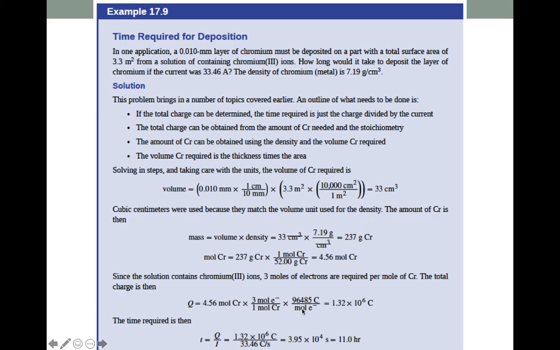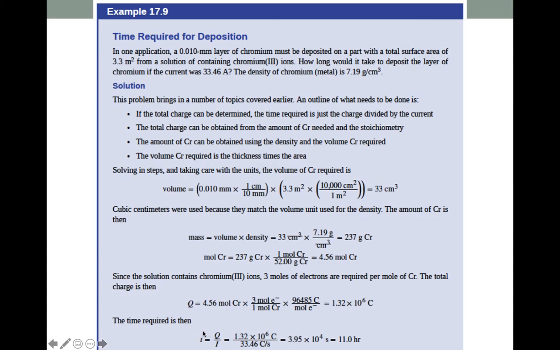And for every mole of electrons, it's 96,485 coulombs, and that will give you the charge. We're still not done. You can see why I don't like these little calculations, I think, at this point.